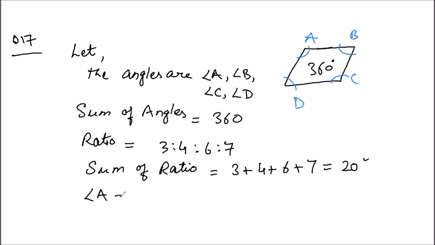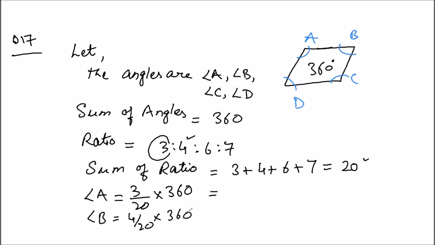So angle A is equal to, its ratio is 3, so 3 by 20 multiplied by sum of angles. In the same way, we will write angle B. Its ratio was 4, so 4 out of 20 multiplied by 360.